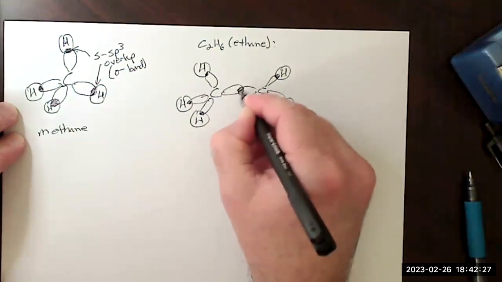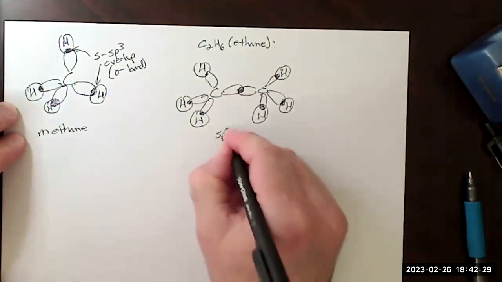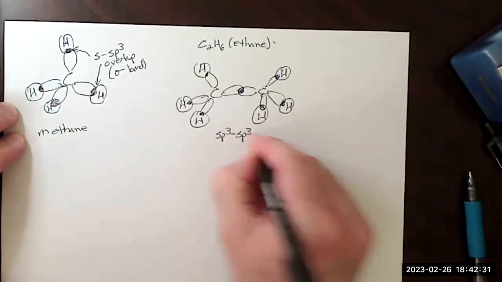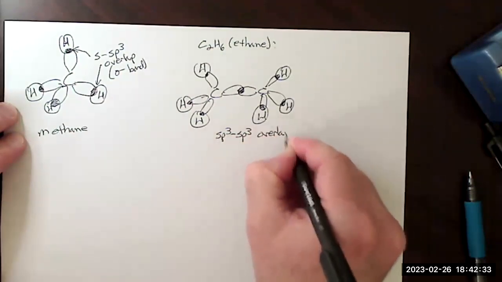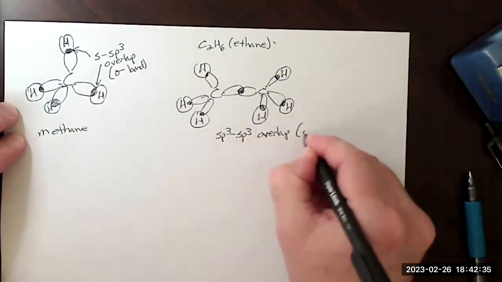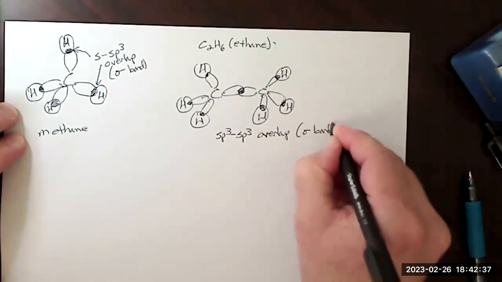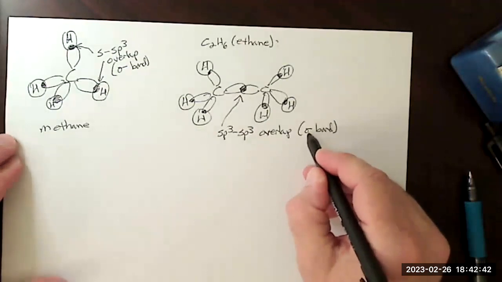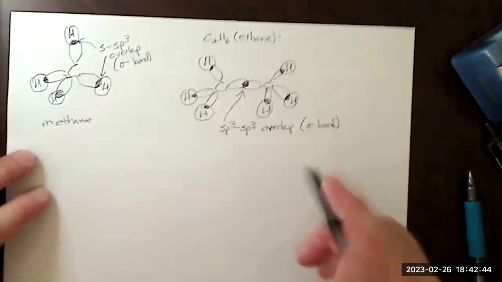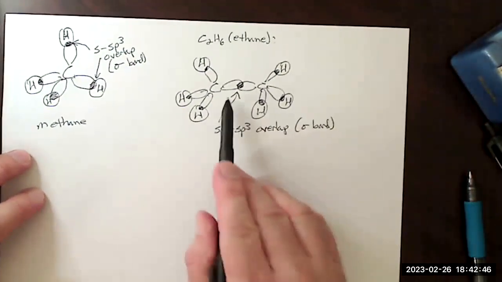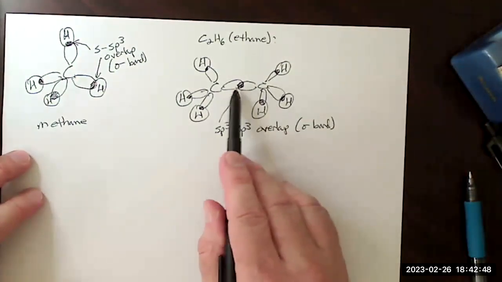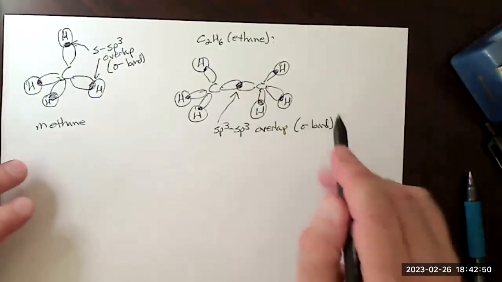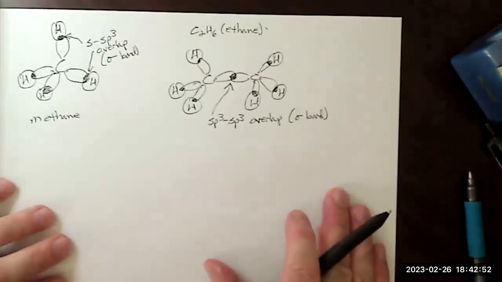And then we also have another sigma bond, and that is the Greek letter sigma there. And in this case, the sigma bond is overlap between sp3 and sp3 orbitals of our 2 carbon atoms.